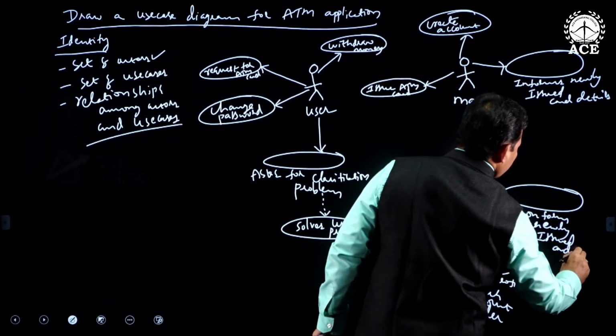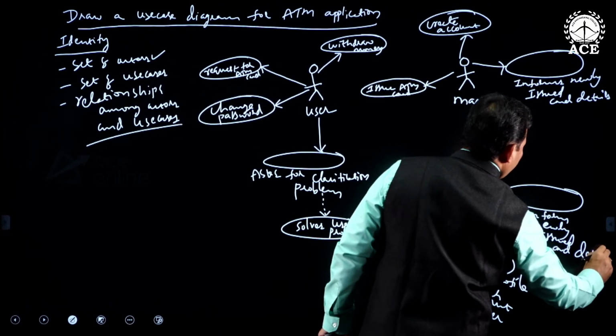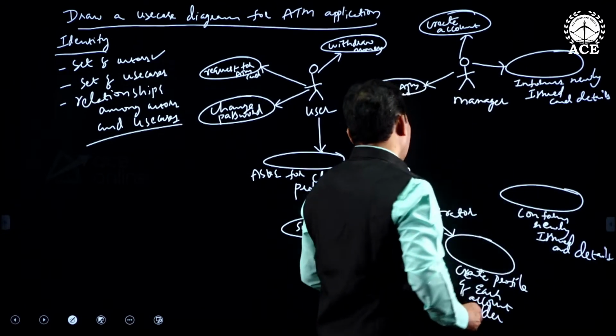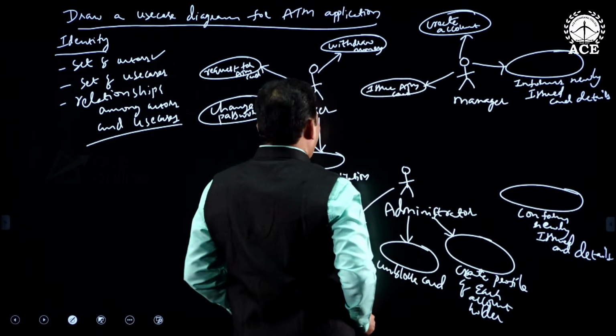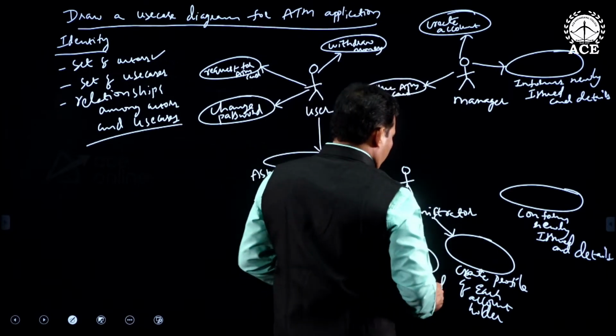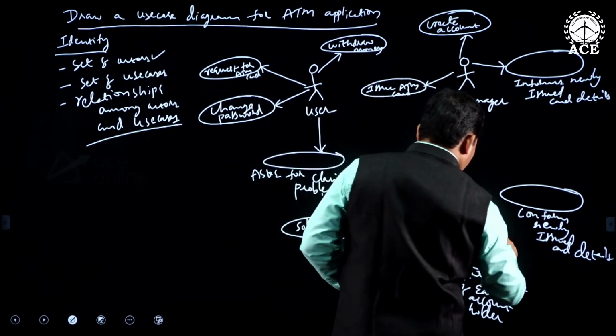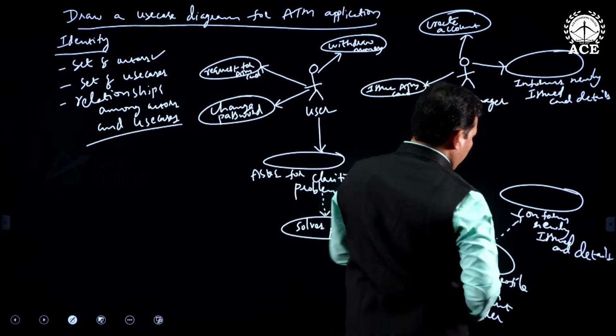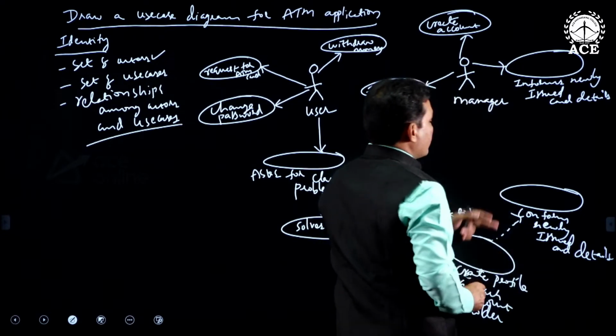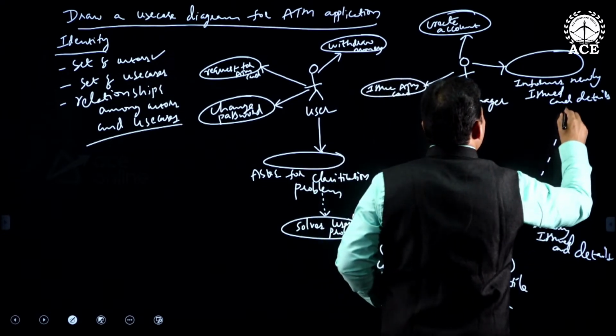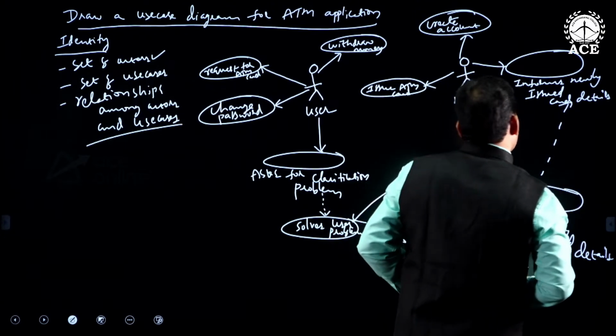These are all the operations where the administrator can perform here. So this create profile use case can depend on confirms newly issued card details, which is depending on which use case here? Informs newly issued card details.